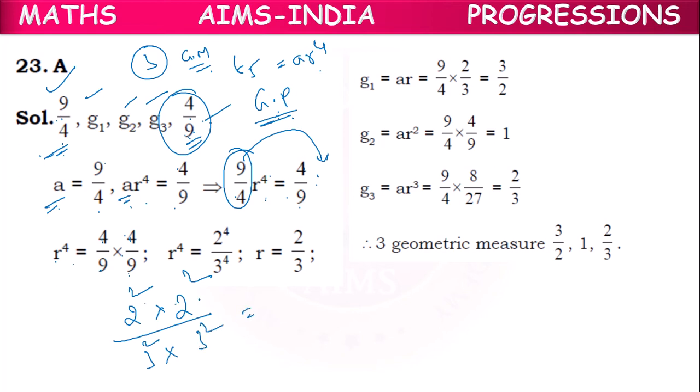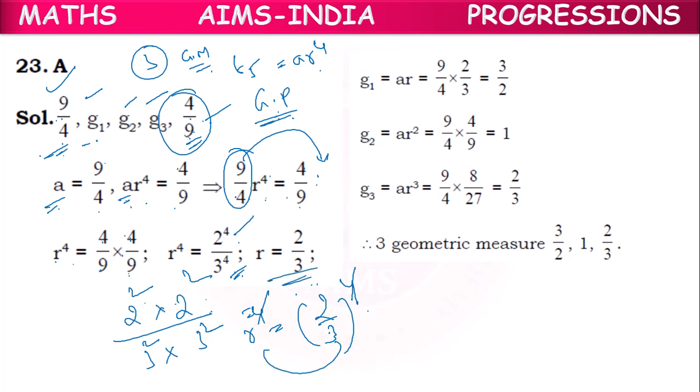Means we can write the product as 2 power 4 by 3 power 4, or (2/3) whole power 4. So R power 4 equals (2/3) whole power 4. Both sides have the same power, so it gets cancelled. So R equals 2/3 we will get.